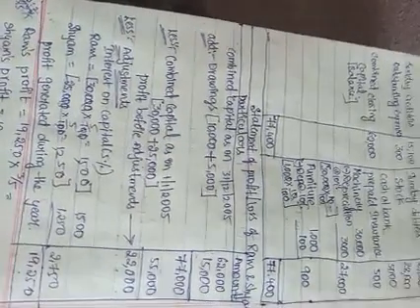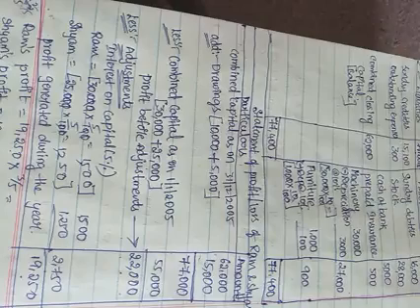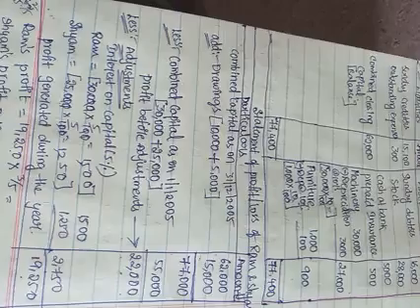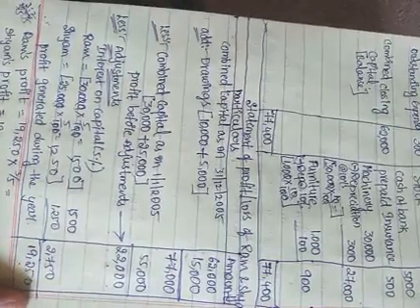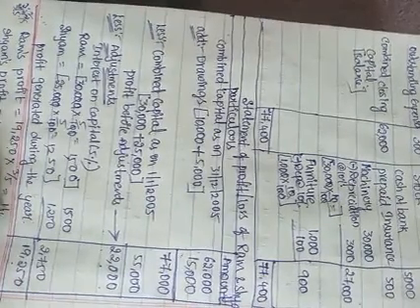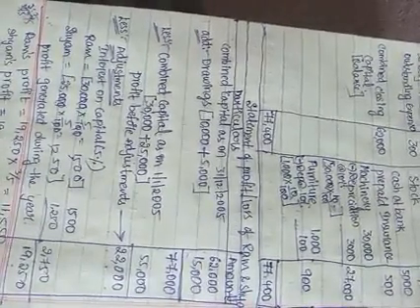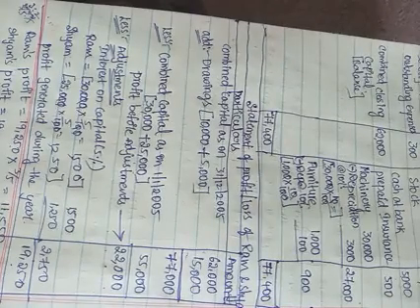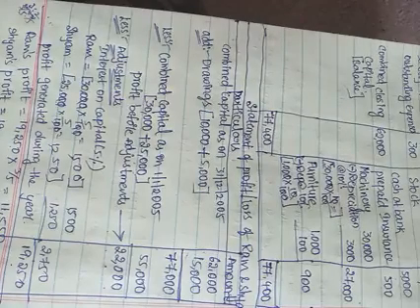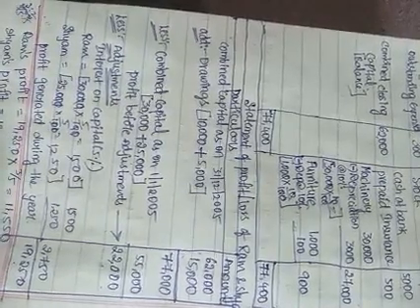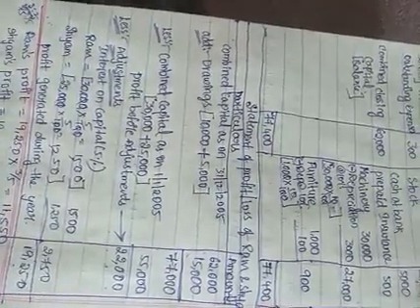Calculate this. 19,250 into 3 by 5 is 11,550. Next, Sham's profit is 19,250 into 2 by 5, which is 7,700. These are Ram's and Sham's profit.